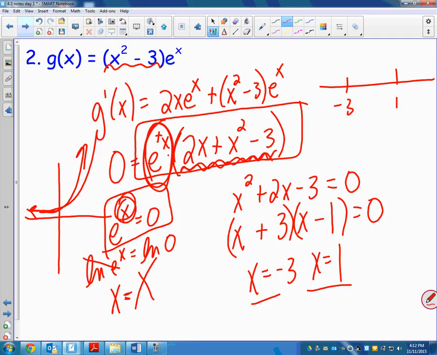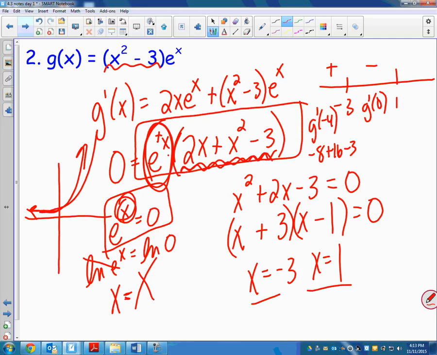So if I pick a number like negative 4, I would get negative 8 plus 16 minus 3, which is a positive number because e to the x is also positive. If I pick something in between negative 3 and 1, let's say 0, I would get 0 plus 0 minus 3, which is a negative number.